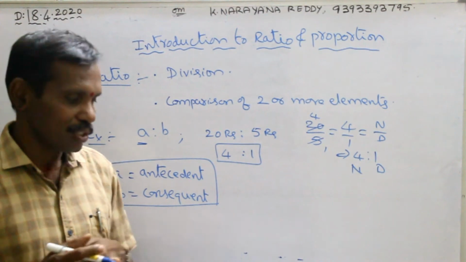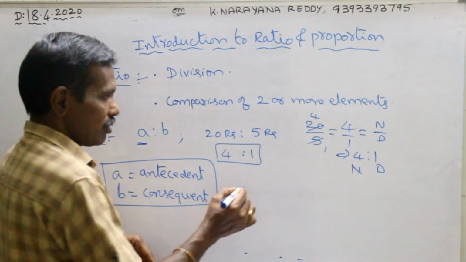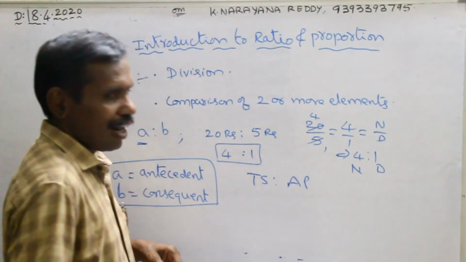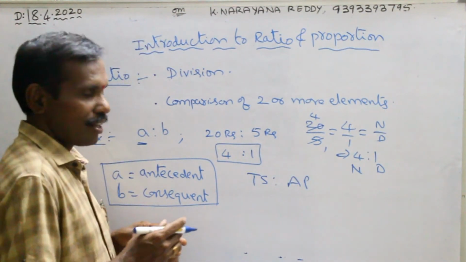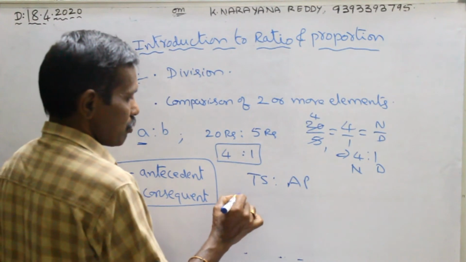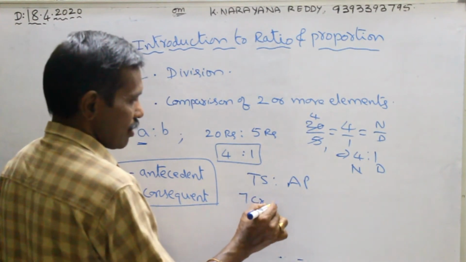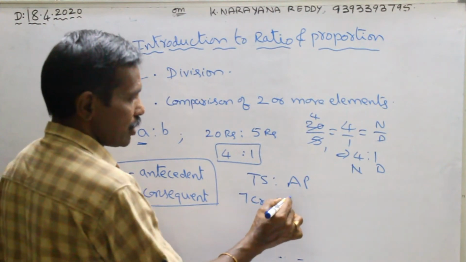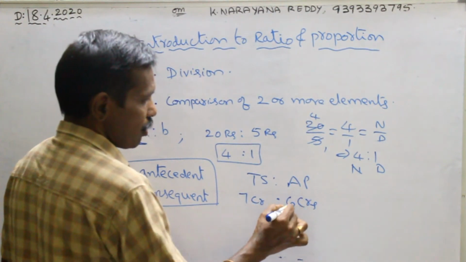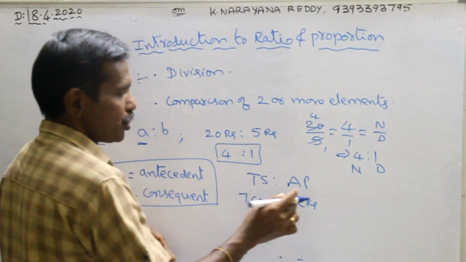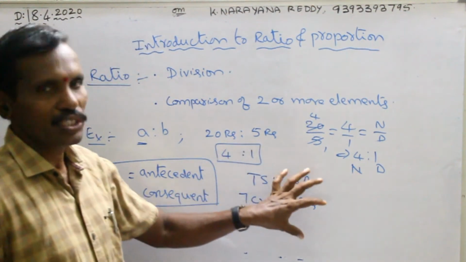Yes or not? Suppose we have Telangana state and AP. For example, how many peoples are there in Telangana? Some crores. Some 7 crores. Same manner, in AP, some 6 crores. Okay? So this is comparison between two states, people of these two states.